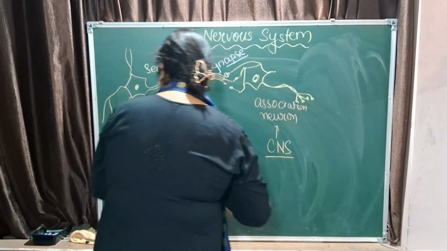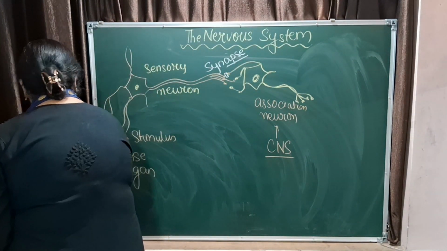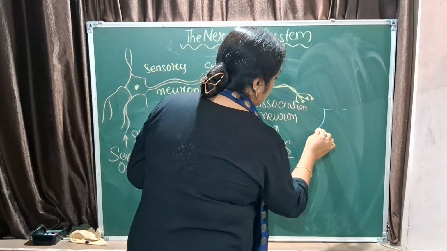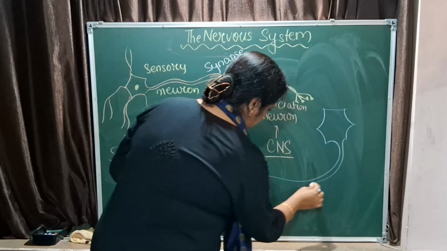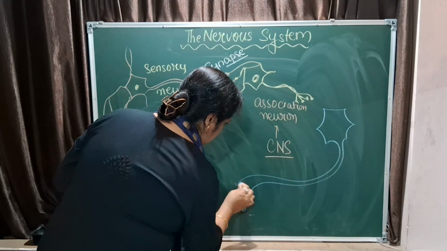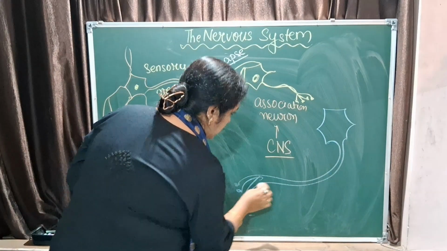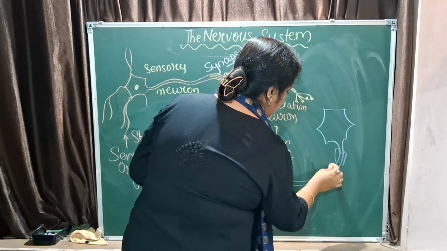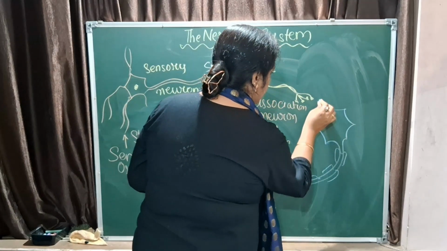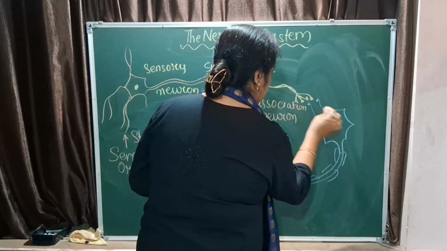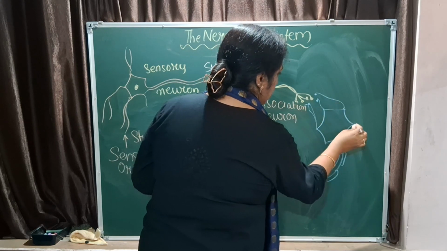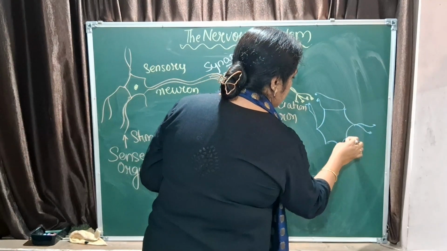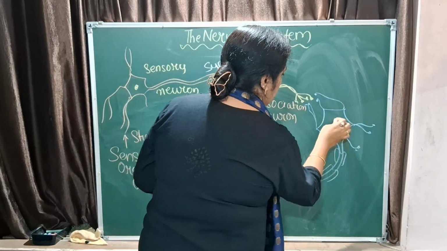Then you have got the motor neuron. So the motor neuron also has, you can see the gap, a point of junction here also, right.